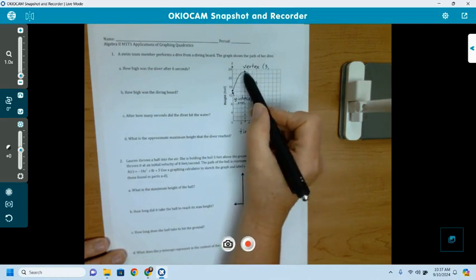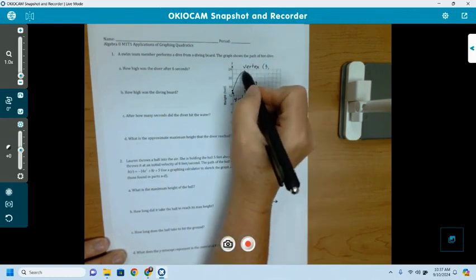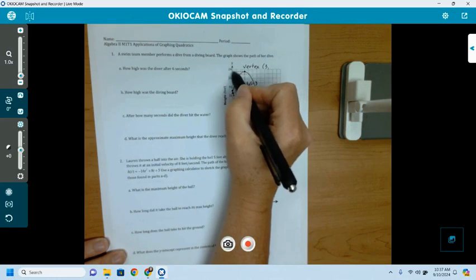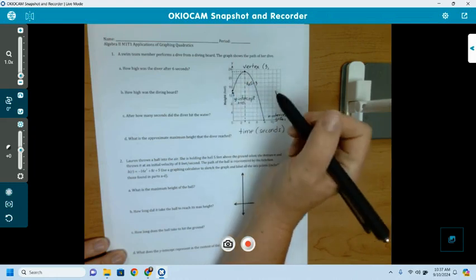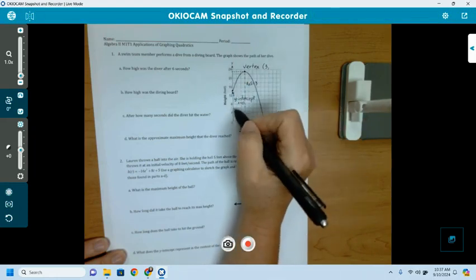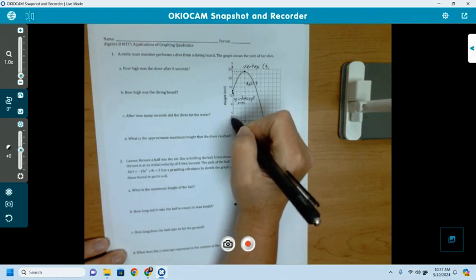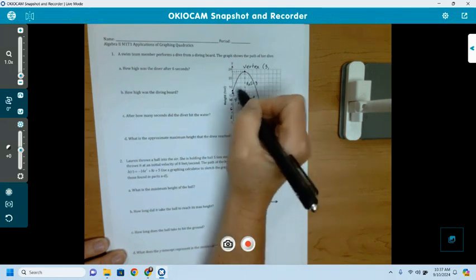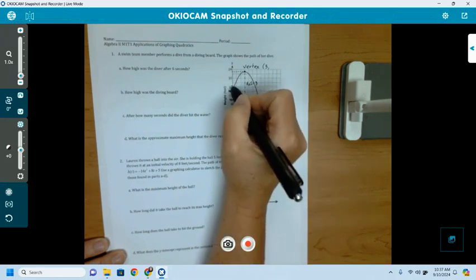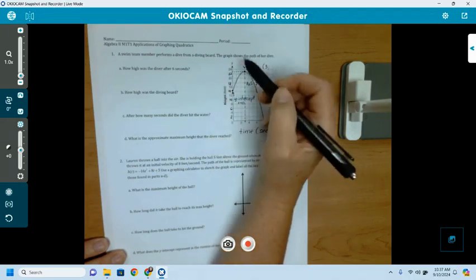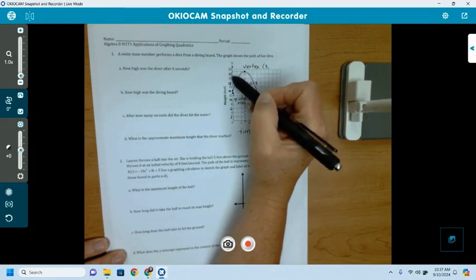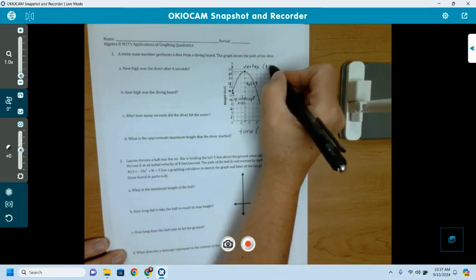To find the y value of the vertex, let's just draw an imaginary line over to the y-axis. Let's see, how are these points labeled? It looks like they're labeled by 2. We can go 2, 4, 6, 8, 10, 12, 14, 16, 18, 20, 22. So I see that this vertex is between 22 and 24. That tells me that the vertex is 23.